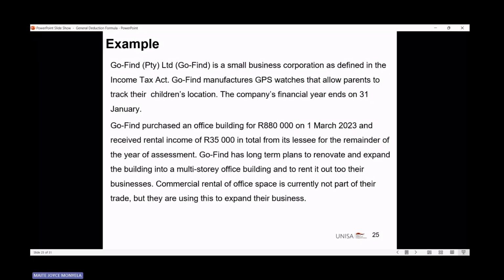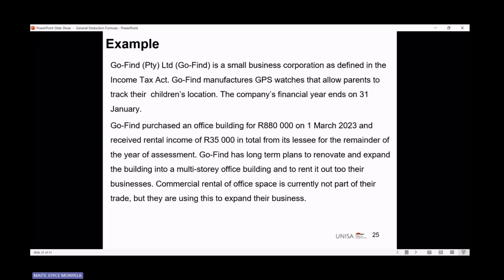So we have Jofine Pty, which is a small business corporation as defined in the Income Tax Act. Take note, it is a small business corporation as defined in the Income Tax Act. They manufacture GPS watches that allow parents to track their children's location. The company's financial year ends on 31 January.